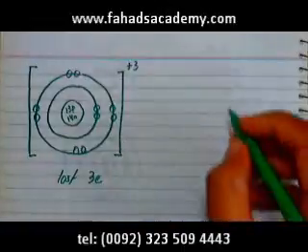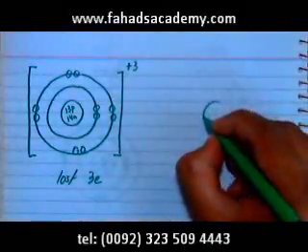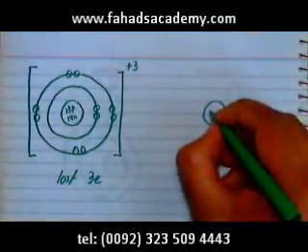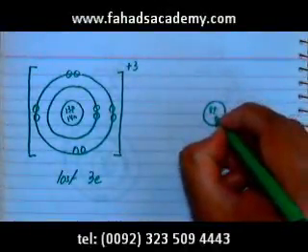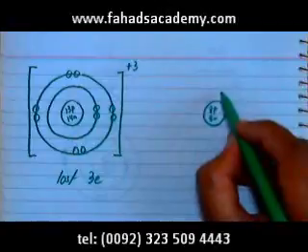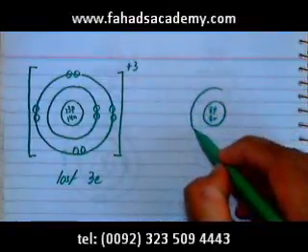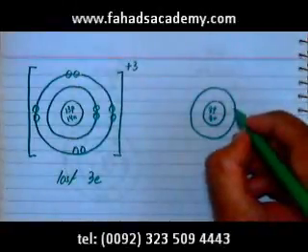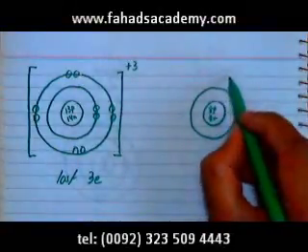Similarly, you have oxygen, which has 8 protons and 8 neutrons. The first shell has a total of 2 electrons.